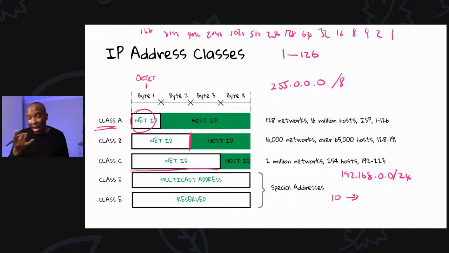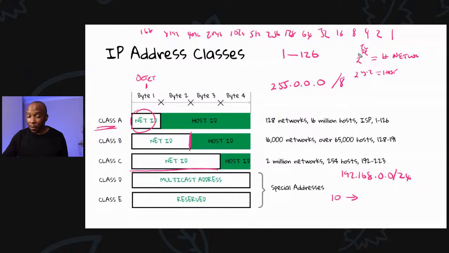Now, how many IP addresses are in a /24? We said the formula was 2 to the power X is the number of networks and then 2 to the power y minus 2 is the number of hosts on each network. On a /24, we are using the last 8 bits for the host ID.